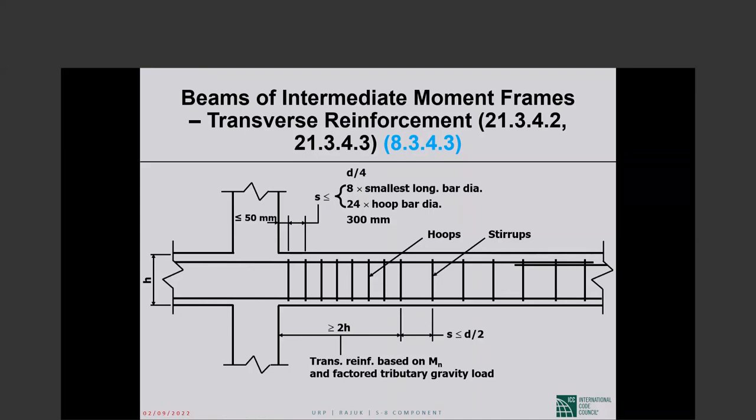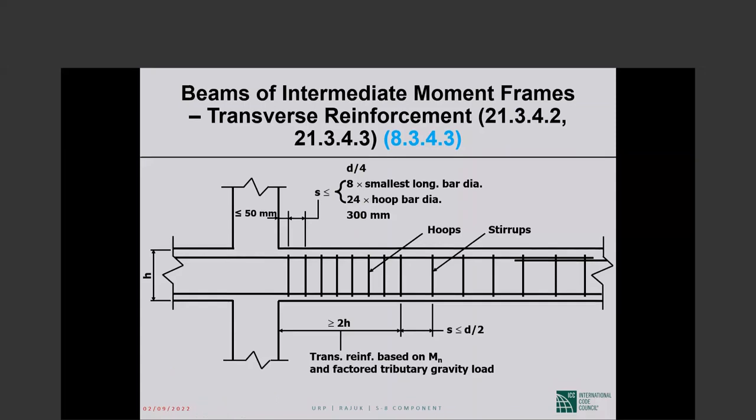Outside of the plastic hinge region, we can have stirrups at a spacing not to exceed 1/2 of the effective depth. So there isn't a whole lot of difference between the special moment frame beam and the intermediate moment frame beam when it comes to transverse reinforcement in ACI 318-08. That spacing has become much tighter for special moment frames, as I pointed out, in ACI 318-11.